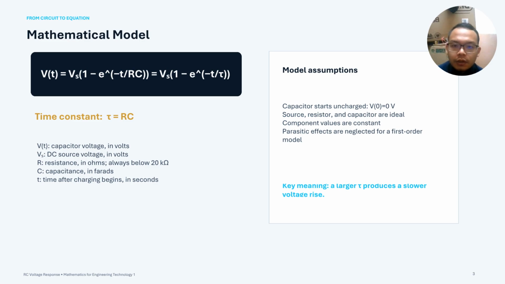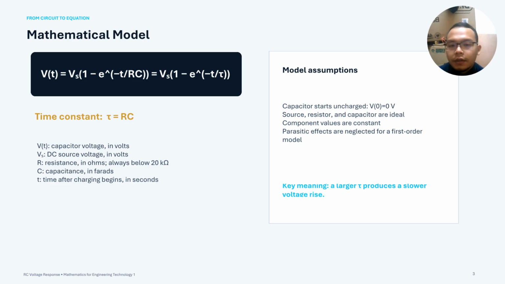Now we focus on the mathematical model. For our group, we choose the formula V(t), which refers to the capacitor voltage, equals Vs, where Vs refers to the DC source voltage, times (1 minus e to the power of negative t, where t is time, over RC).